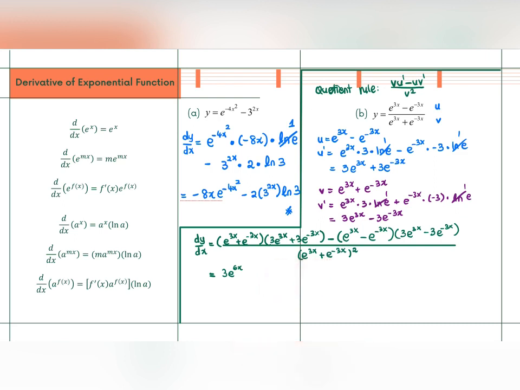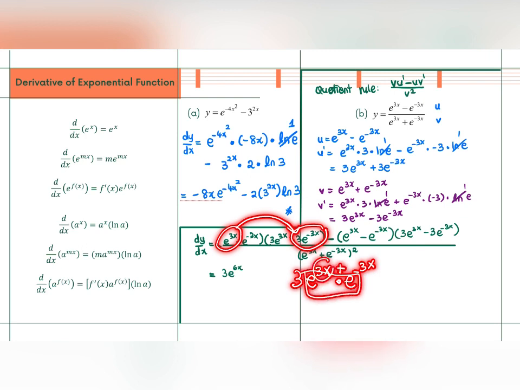Okay, so next adalah e 3x darabkan dengan 3e negatif 3x. So perhatikan dekat sini, base yang sama, so ini akan tambah. Tapi 3 tambah negatif 3 kita dapat kosong. So e of 0 sama dengan 1.